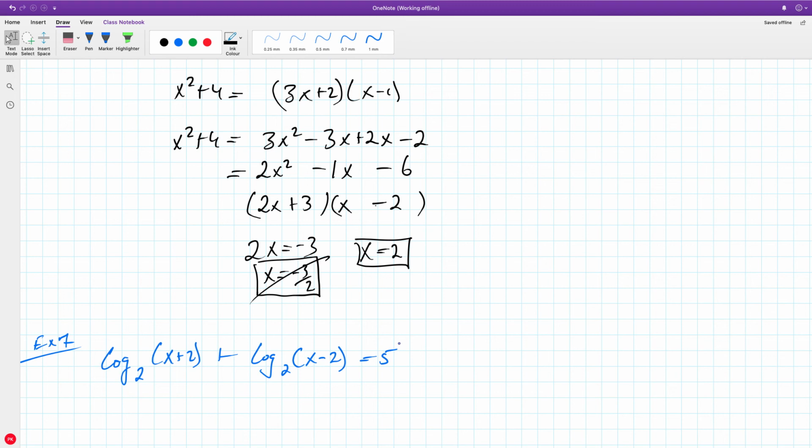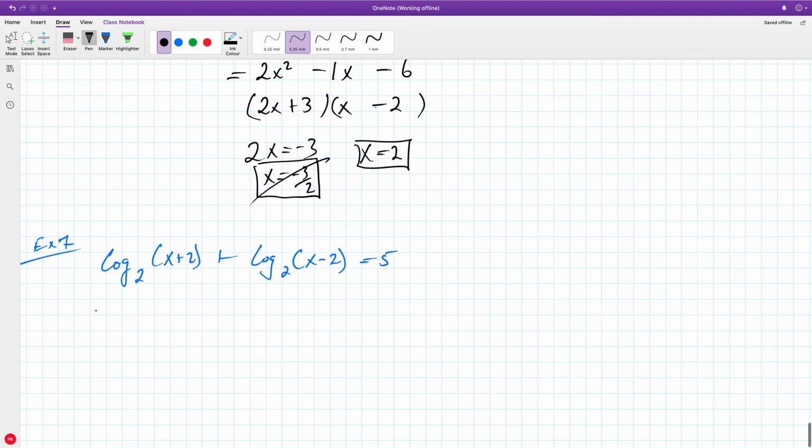We all got fairly similar answers, plus or minus 6. So that's the log of x plus 2 by x minus 2 to the base 2 is equal to 5.